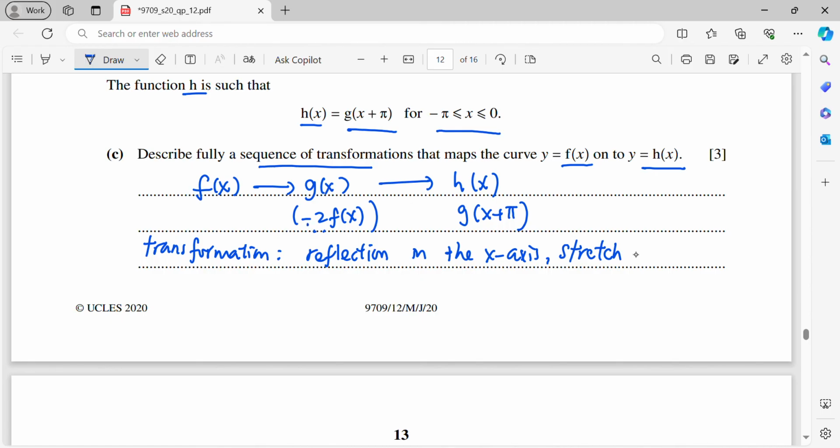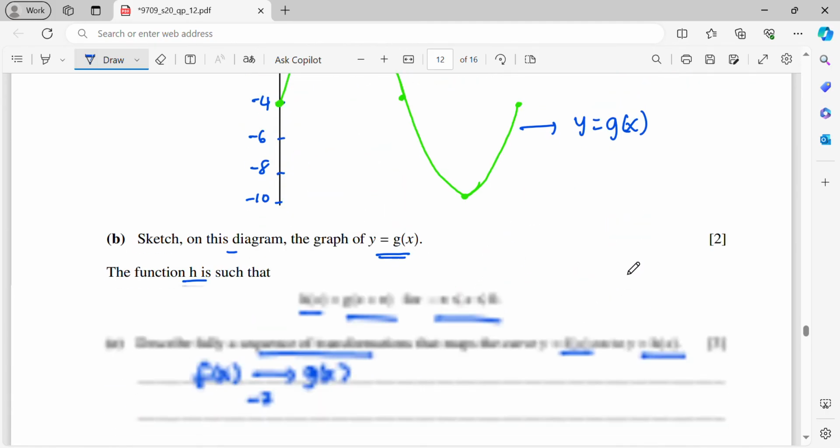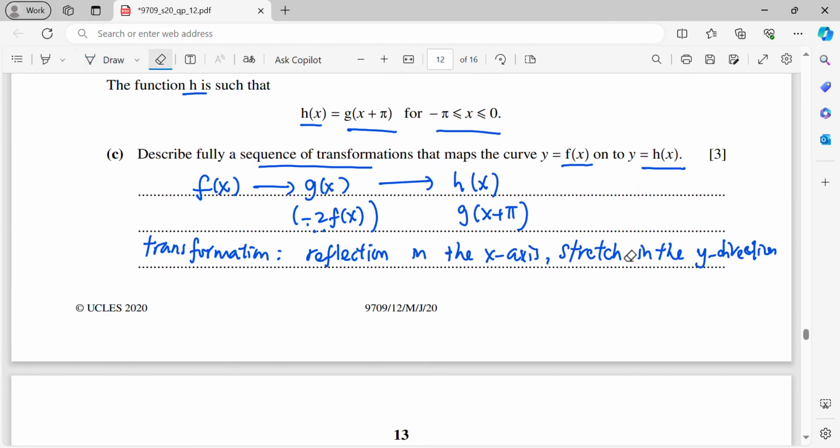The 2 f(x) means stretch. So stretch in the y direction, because the changes will be on the y values. All the y values change. So in the y direction with scale factor 2.